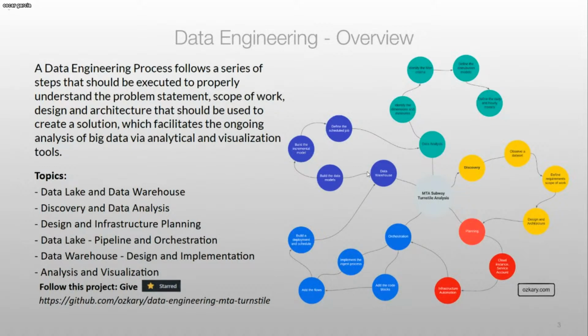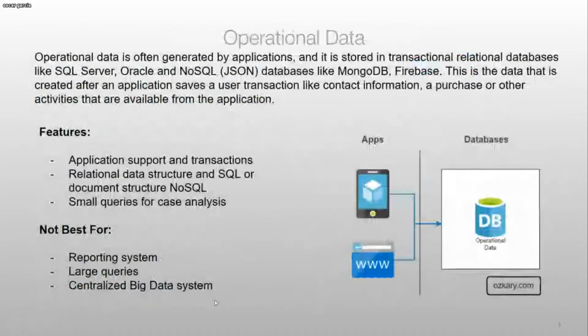The topics today are focused on data lake and data warehouse. We'll briefly talk about discovery and data analysis, definitely cover design and infrastructure planning, and the details of how to build a data pipeline that we can run using data lakes and a data warehouse. At the end of this presentation, you'll have an overall idea of everything we're talking about.